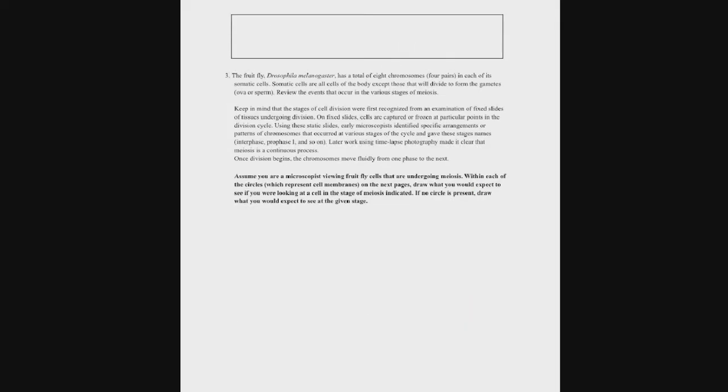And we said that it occurs in the reproductive cells, but also specifically in eukaryotes, and eukaryotes specifically that produce gametes, which is ova or sperm.